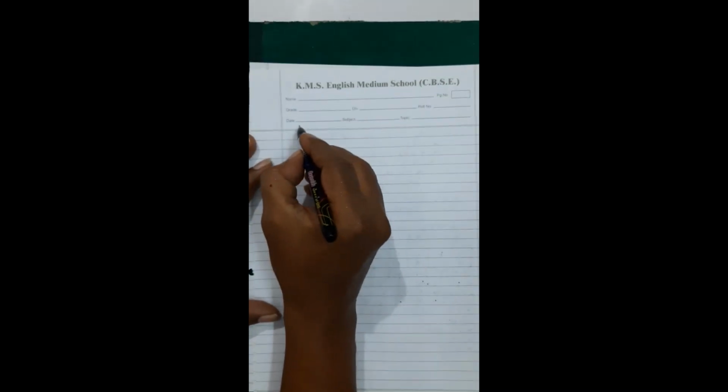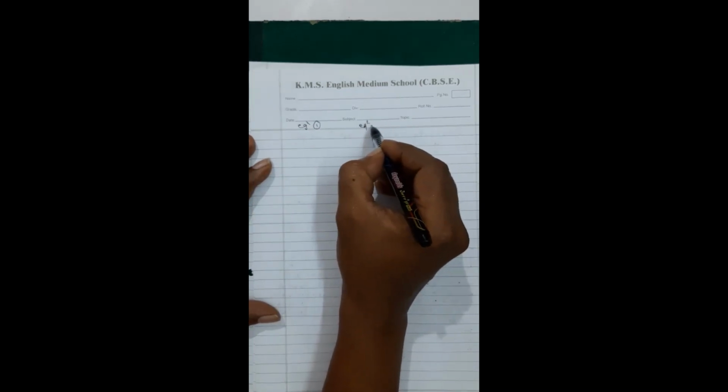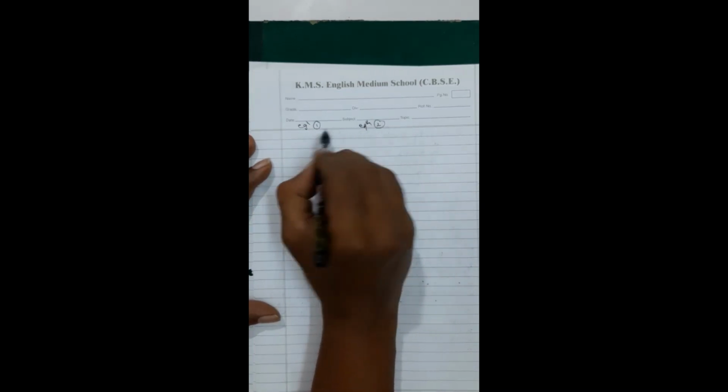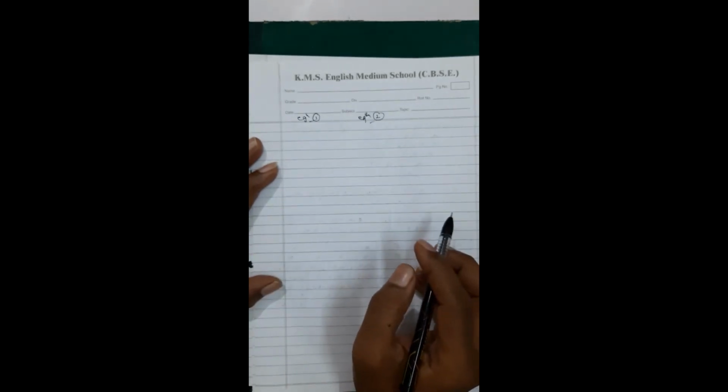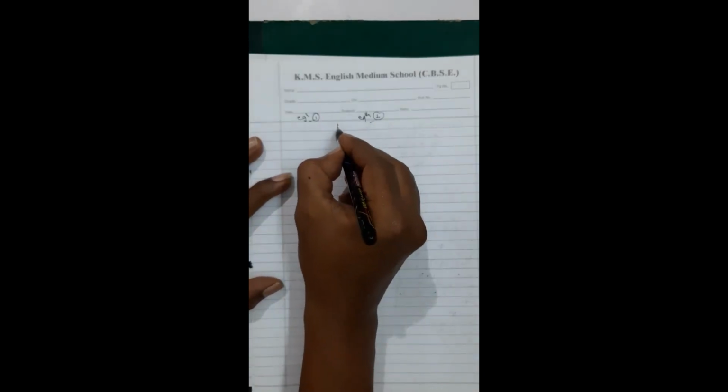When you have got two equations, equation 1 and equation 2, you will be drawing the graph of both the equations.